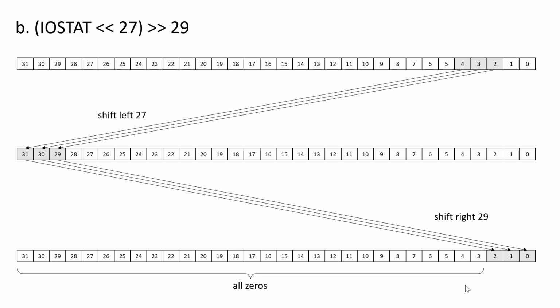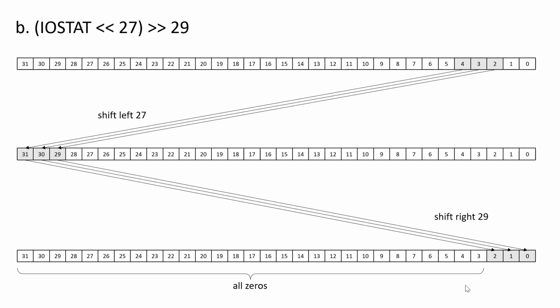This one is shifting IOStat 27 bits to the left, and then shifting it again 29 bits to the right. Okay, so that's going to shift out 27 bits on the left, right?